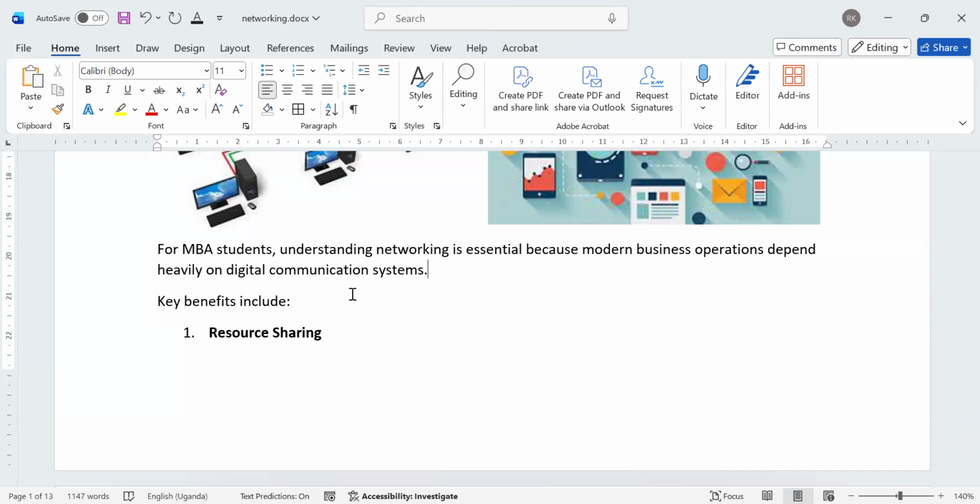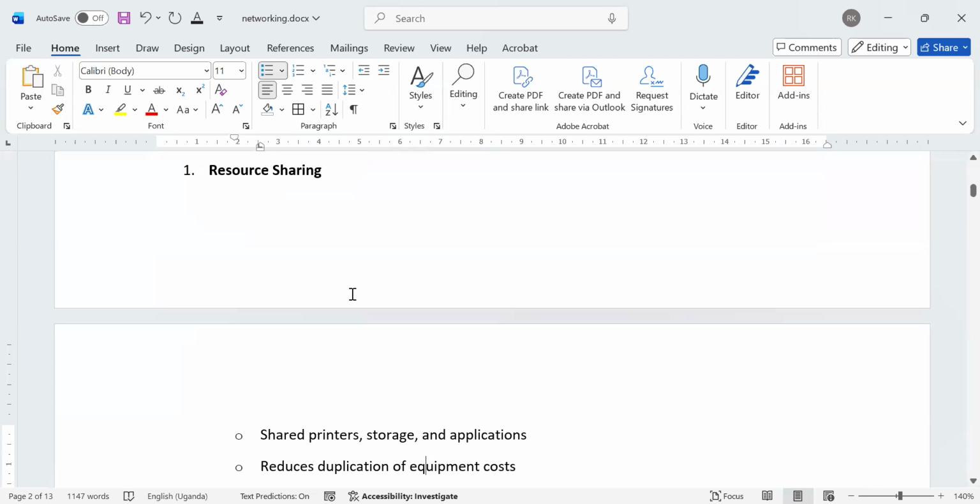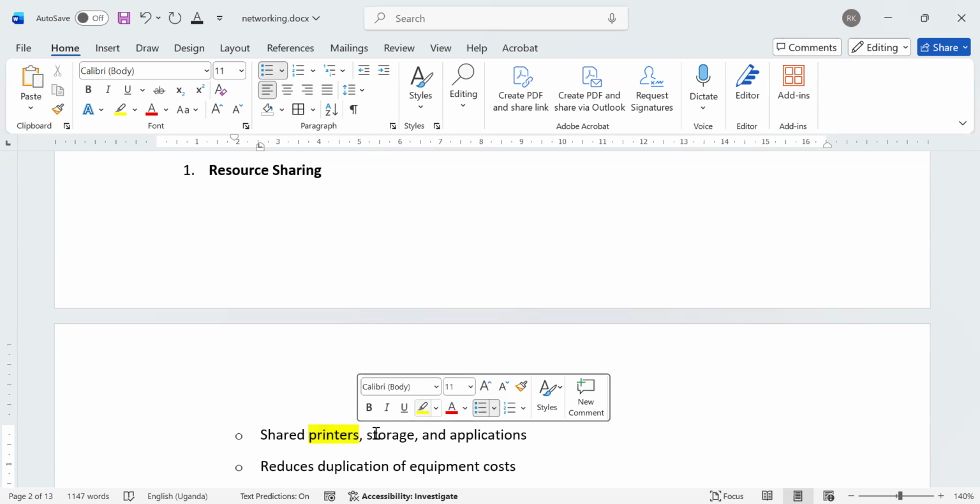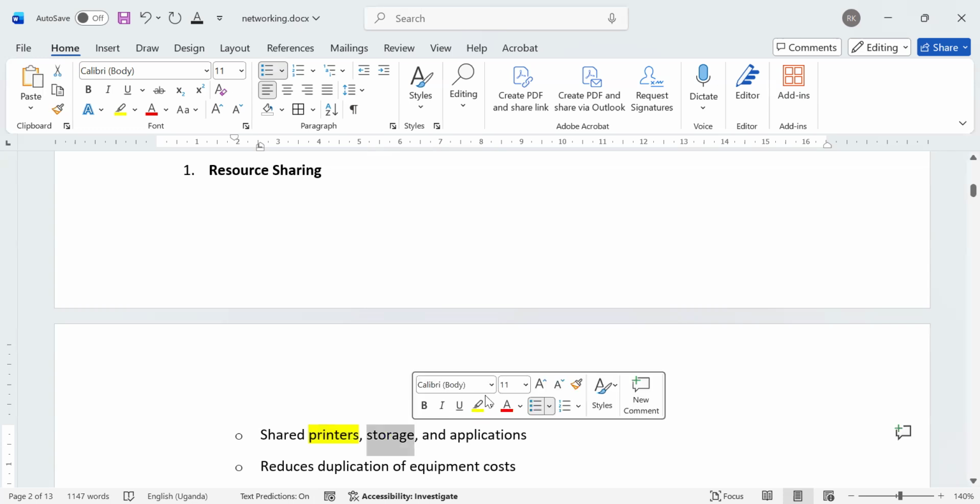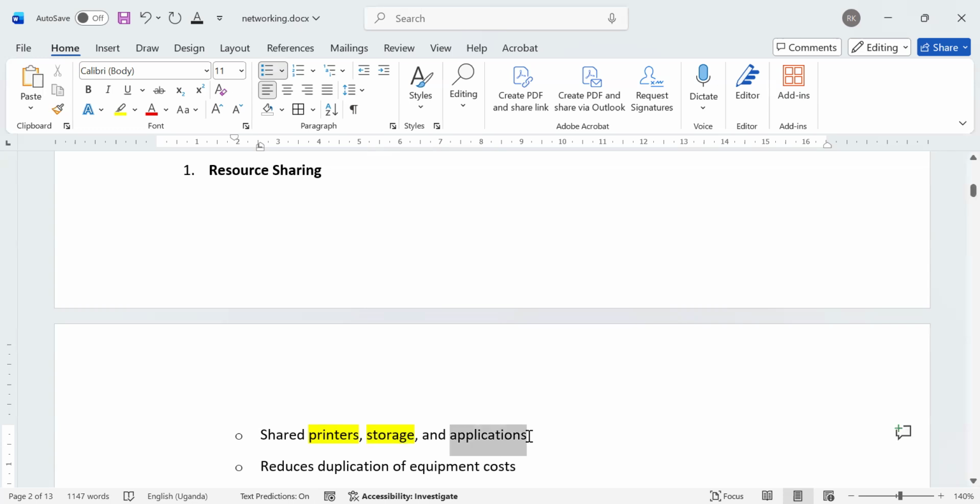So we have resource sharing. As I told you, the major element why we do networking is all about sharing resources. Okay. So that is the first benefit which we see in networking, sharing resources. And these resources which we share are things like the printers. So resources which are shared are, we have printers, we have storage, okay? Then we have applications.